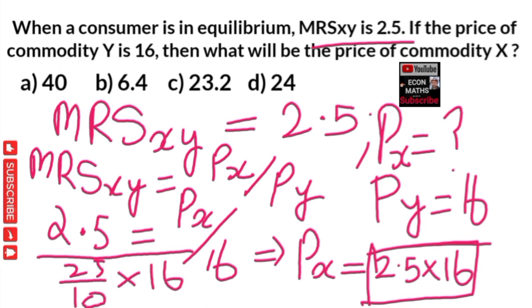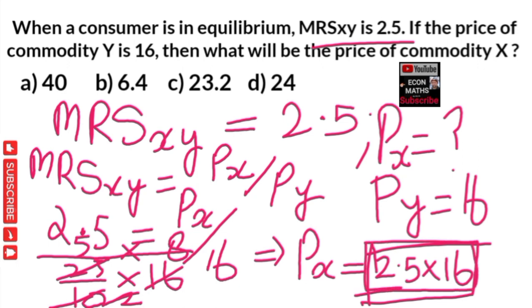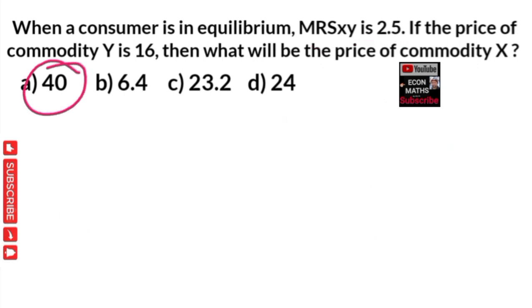When solving, 5 fives are 25, 5 twos are 10, and 2 ones are 2, 2 eights are 16. We get 5 into 8, which is equal to 40. So the price of x should be equal to 40, and the correct option is 40.